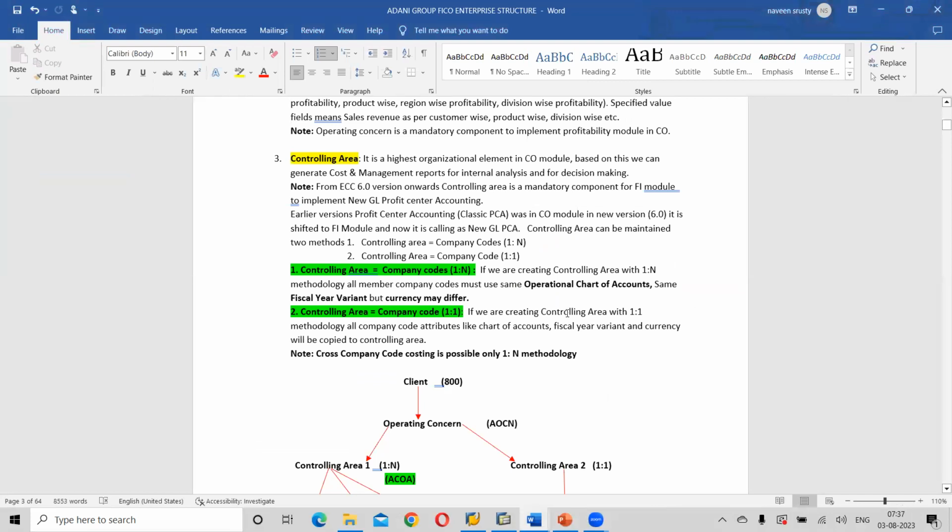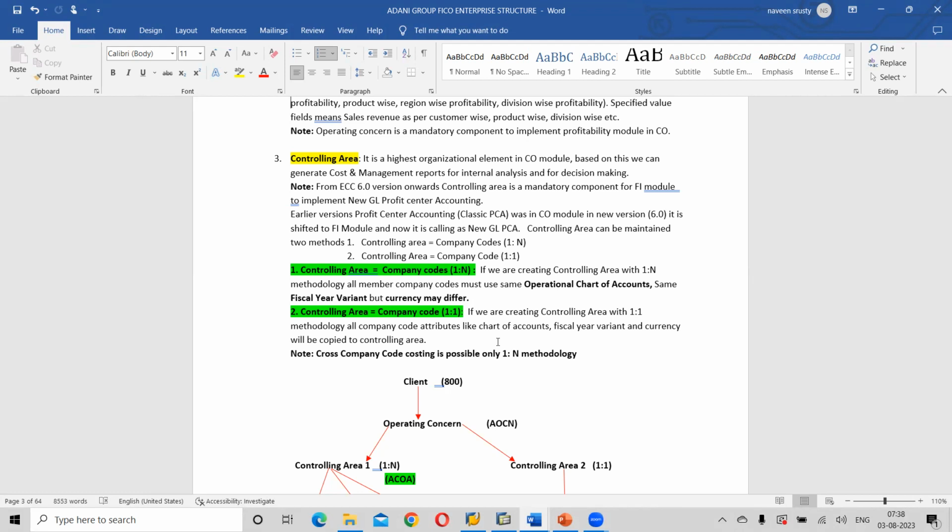If we are creating a controlling area with 1:1 methodology, all company code attributes, features like chart of accounts, fiscal year variant, and currencies will be copied to controlling. It means the chart of accounts of each member company code are different, fiscal years are different, and currencies are different.